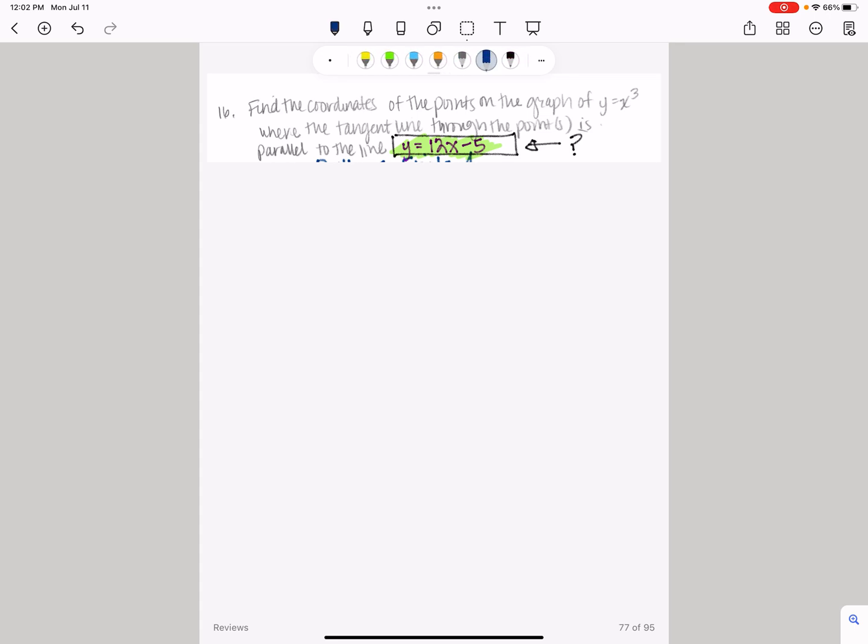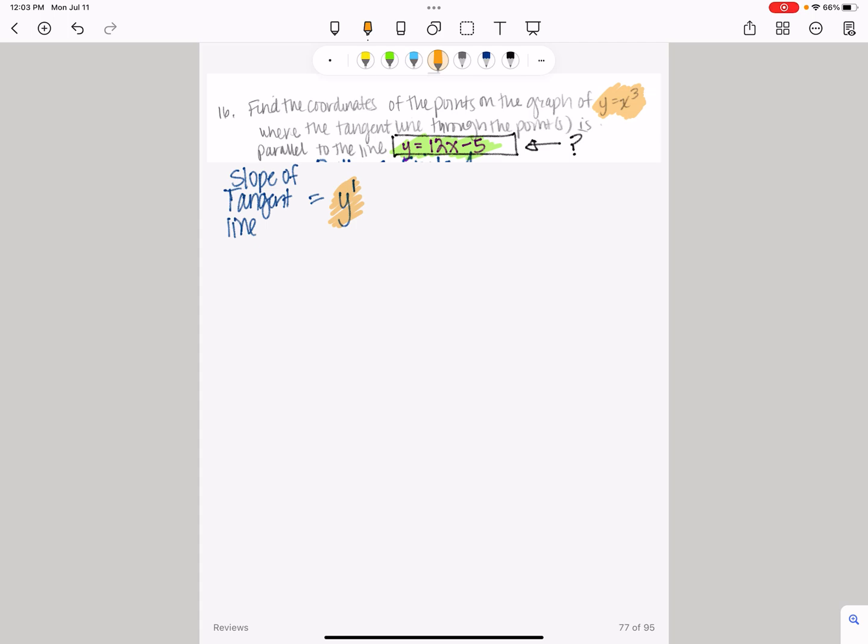I said, well, find the coordinates of the points on the graph where the tangent line, as soon as it says tangent line, the slope of the tangent line is equal to the derivative, right? So it's equal to y prime. And when I say y prime, I'm talking about this y equals x cubed.